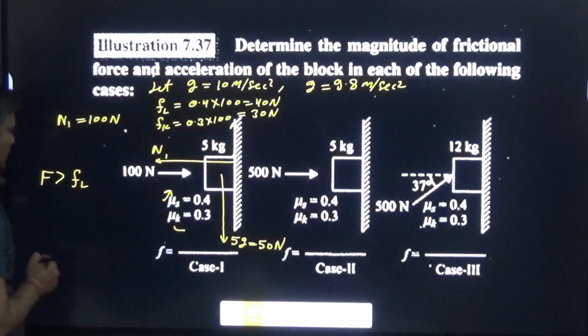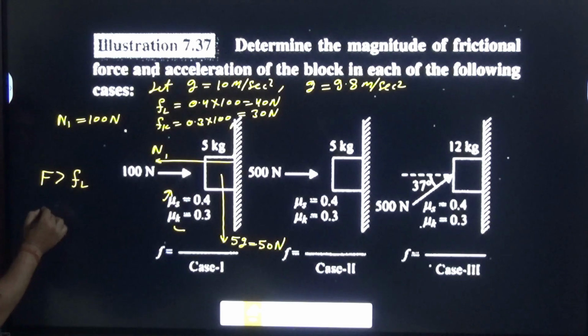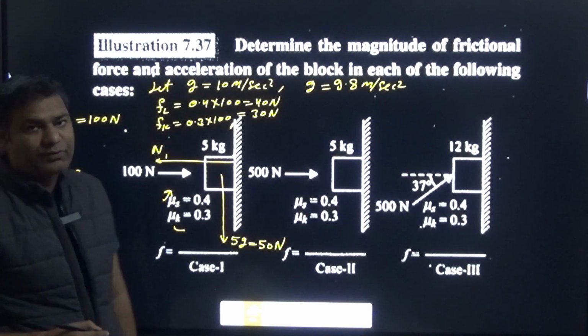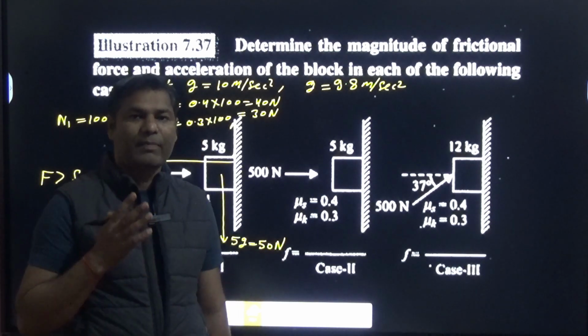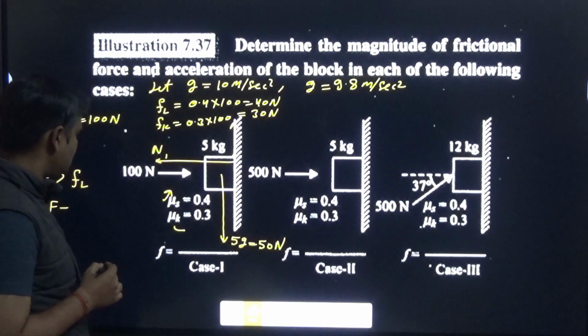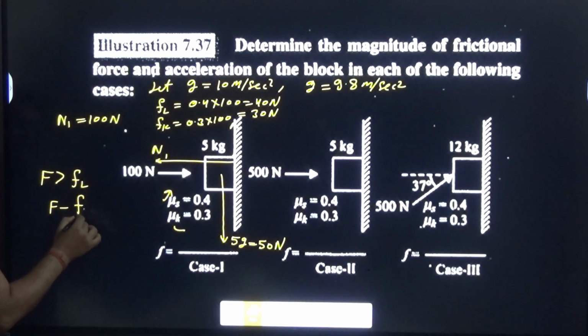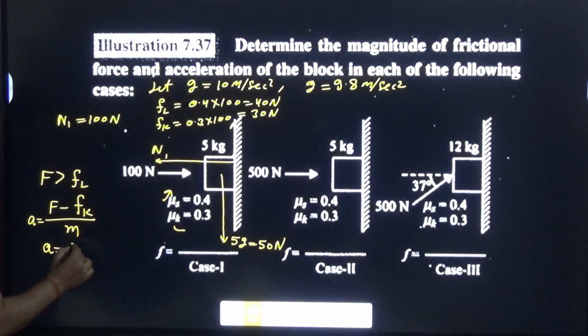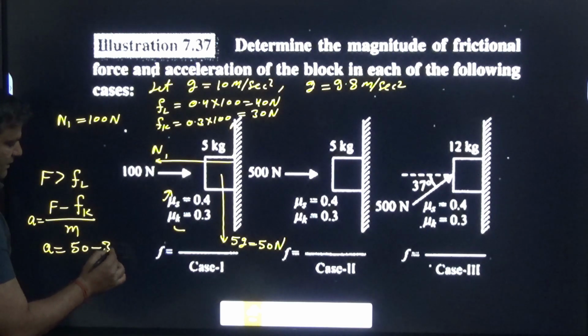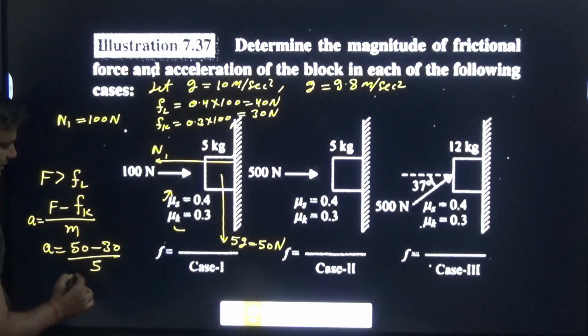So what about acceleration? Acceleration is F minus Fk, because during motion only kinetic frictional force is available, divided by mass. So A equals F, which is 50 Newton, minus Fk, which is 30, divided by 5.